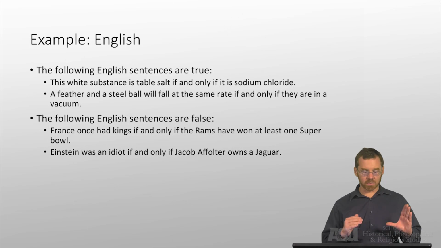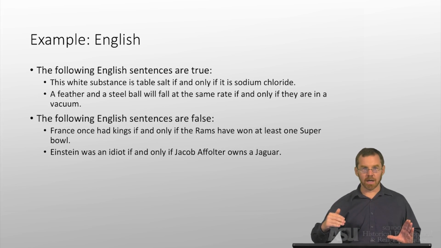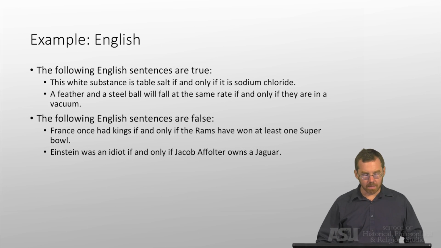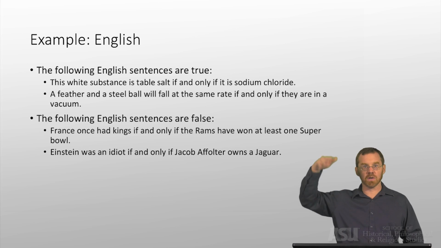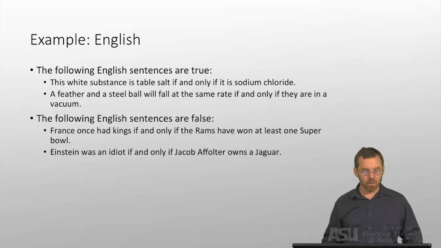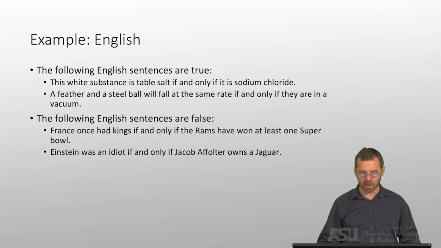Let's look at it this way. If they're in a vacuum, physics tells us they fall, on the Earth at least, at 9.8 meters per second squared, and their mass does not matter. But if they're not in a vacuum, then steel balls aren't much affected by friction, air current, etc., so it will plummet straight to the ground, whereas the feather will float around through the air and slowly drift towards the ground.